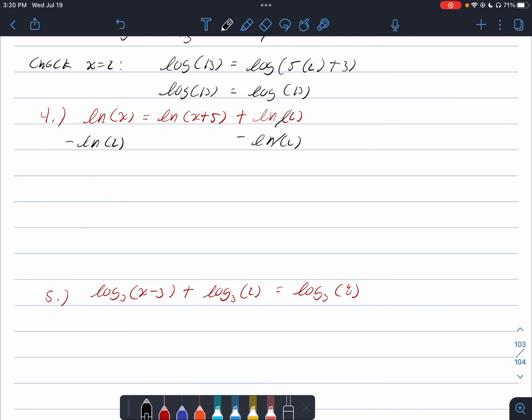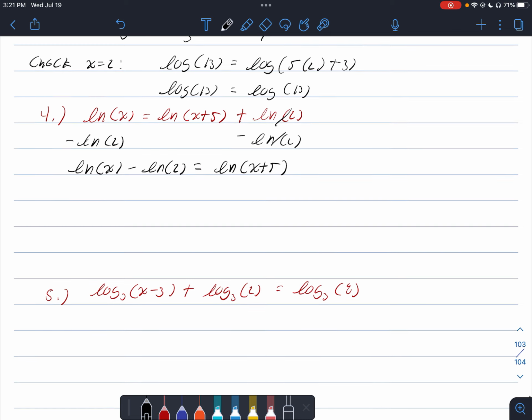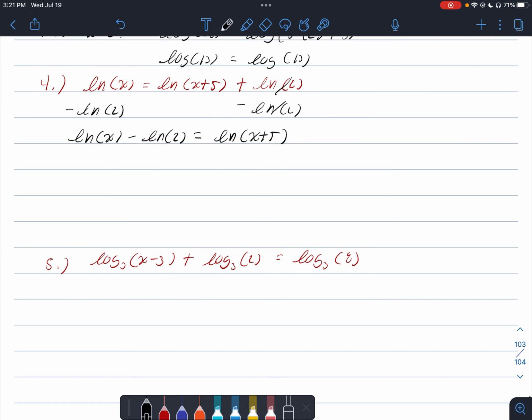Okay, so here we have the natural log of x minus the natural log of 2 is equal to the natural log of x plus 5. All right, so using our quotient rule, we can rewrite ln of x minus ln of 2 as ln of x divided by 2, and this should be equal to ln of x plus 5.